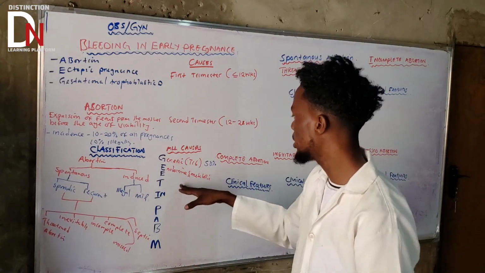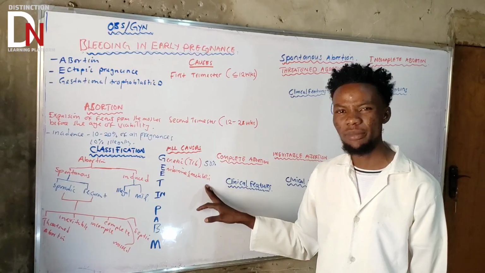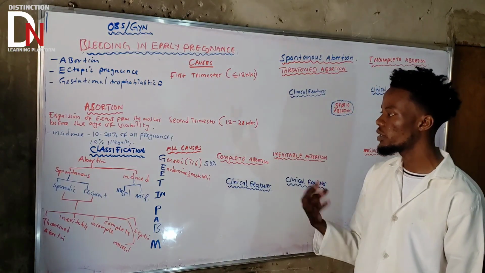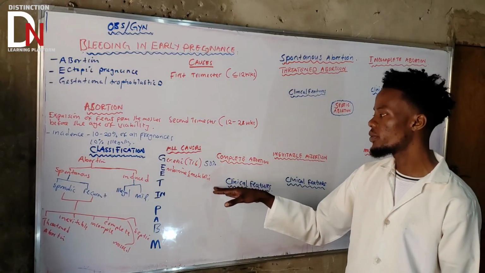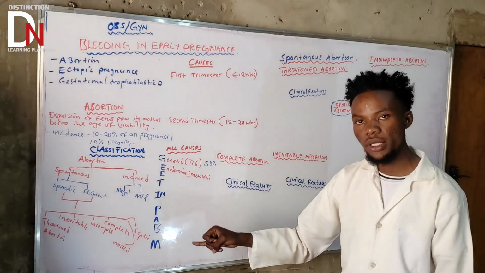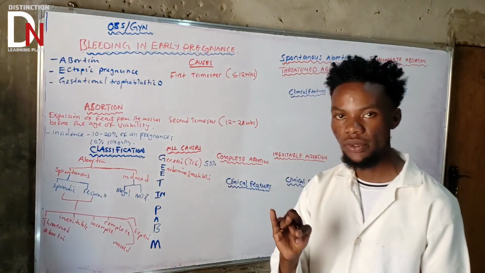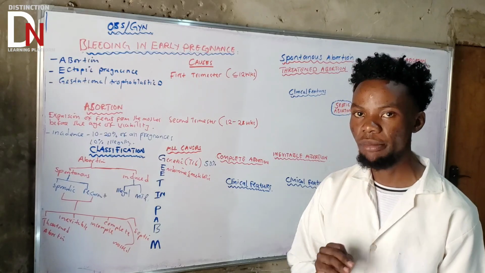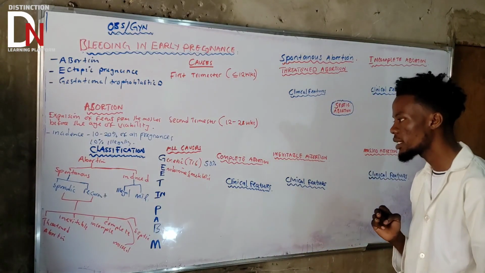The other case, under metabolic disorders, is uncontrolled diabetes mellitus, which can also cause abortion. So we've talked about the luteal phase defect, thyroid defects, and lastly uncontrolled diabetes mellitus.